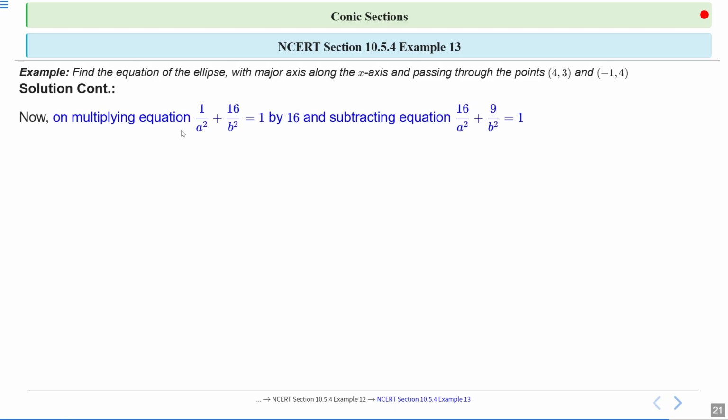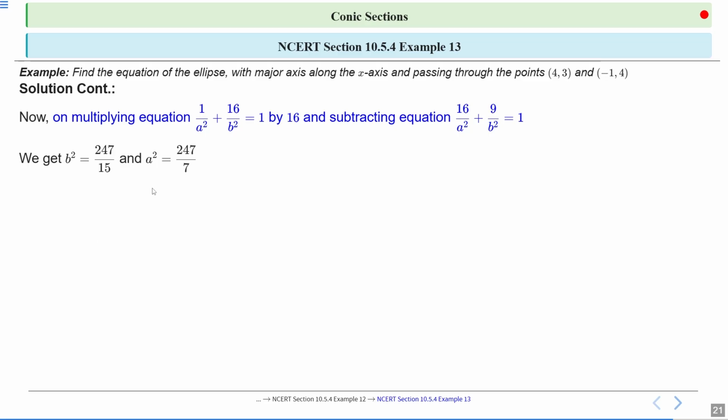Now, multiply the second equation, 1 upon a square plus 16 upon b square equal to 1, by 16, and then subtract the equation 16 upon a square plus 9 upon b square equal to 1. Then you will obtain the values of a square and b square. So we get b square is 247 upon 15, and a square is 247 upon 7.